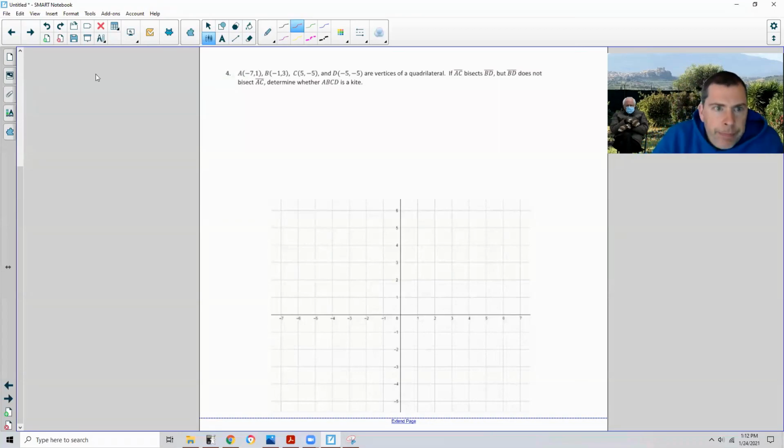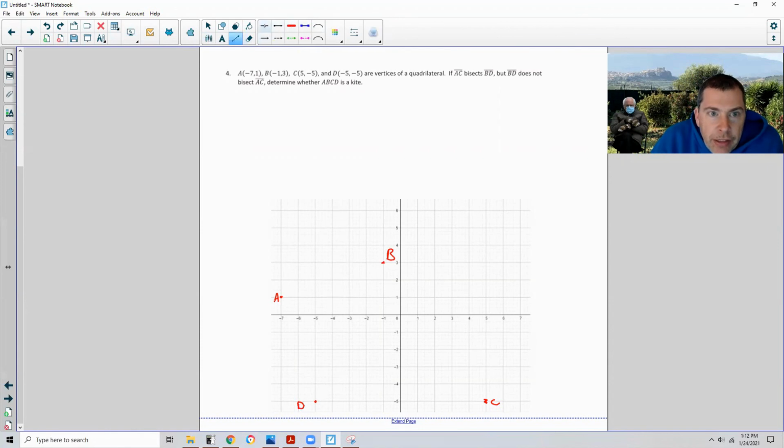Okay, let's try this again. See if I get the correct domain and range. -7, 1 is A. -1, 3 is B. C is 5, -5, which is here. And D is -5, -5 here. So this was B, and this is D.